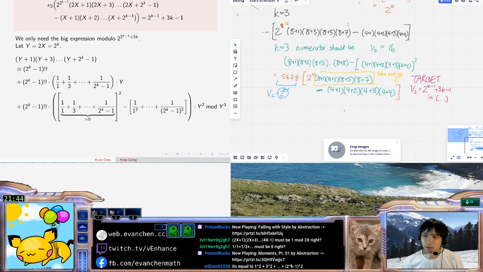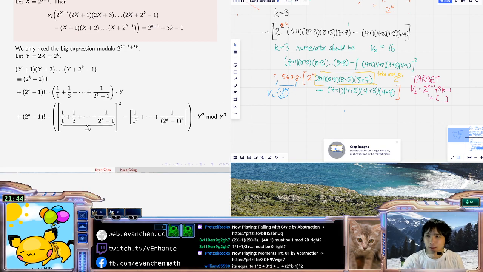Yeah, actually that is a little... So if k equals 3, it's like 1 plus 9 plus 25 plus 49, which is not 0. Damn it. Alright, I tried.